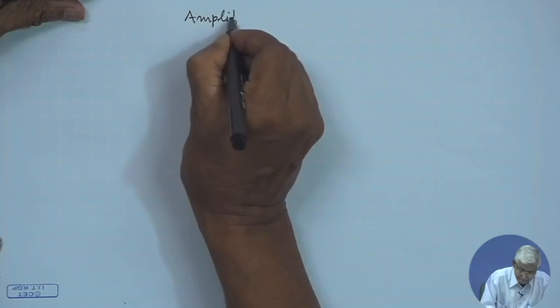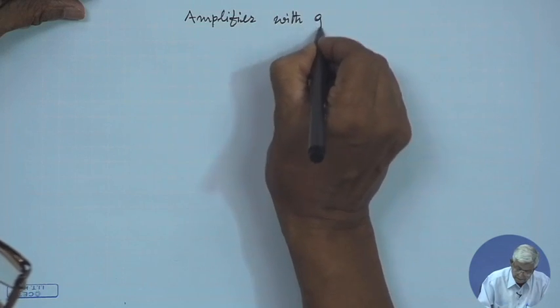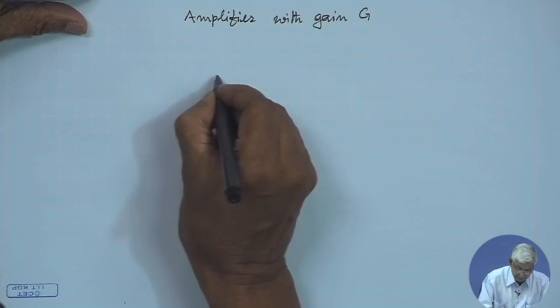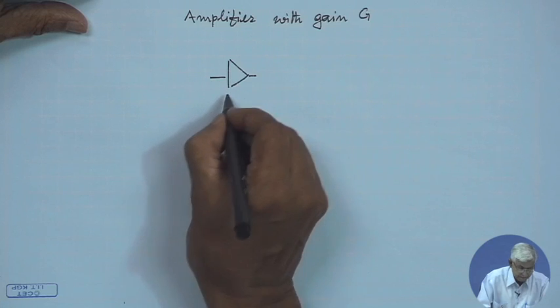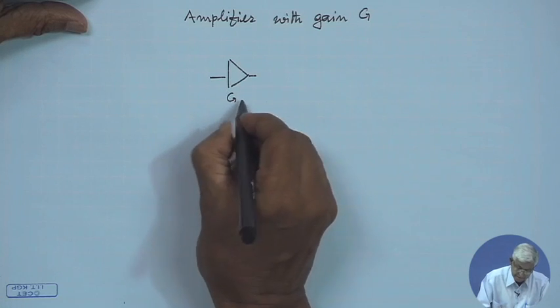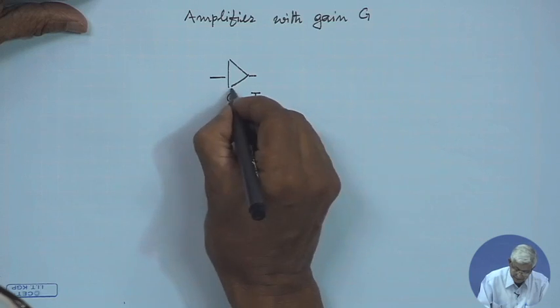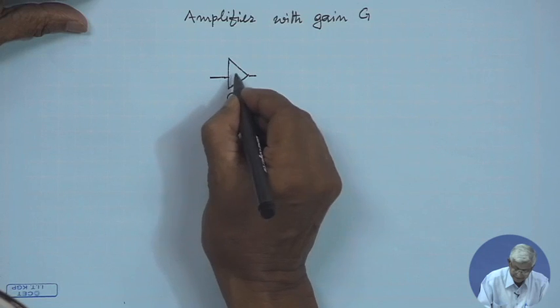Now, let us look at one of the type of circuits which often we come across, that is amplifier with gain equal to G. So, that can be modeled as there is an amplifier which has a gain G, and it has an effective noise temperature, because it is generating its noise by itself inside.